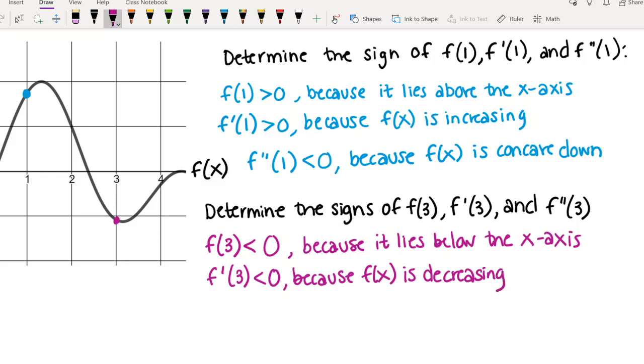And then the last thing is that portion of the graph is concave up, right? It looks like if you were to pour water on it, it would collect that water. So f double prime of 3 is positive, and that's because not everywhere, but at that part of the graph, f of x is concave up.